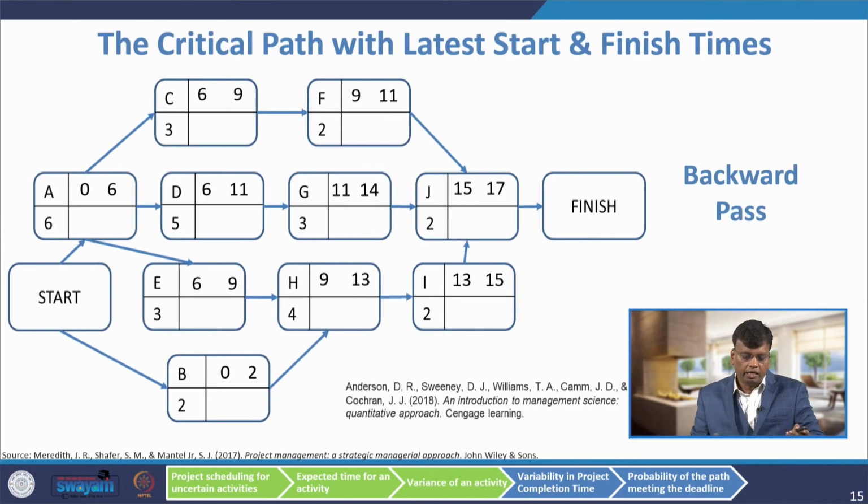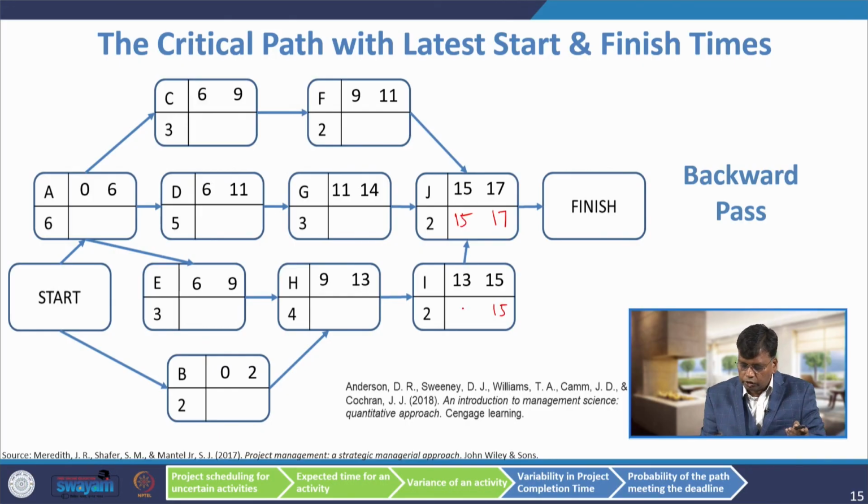Previously, I have found earliest start time and earliest finish time by using the forward pass algorithm. Now, I am going to find out latest start time and latest finish time by using the backward pass algorithm. So, for the backward pass algorithm, we have to start from 17, 17 minus 2 is 15.